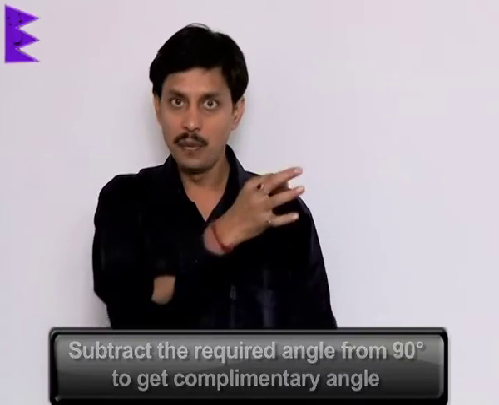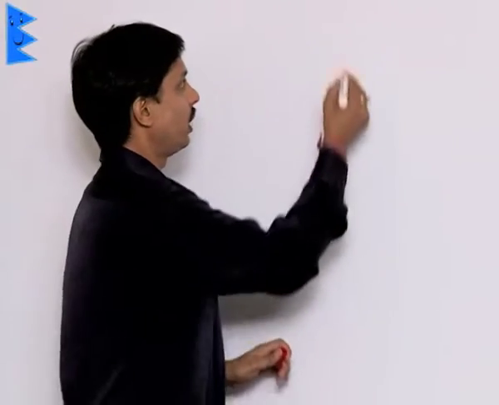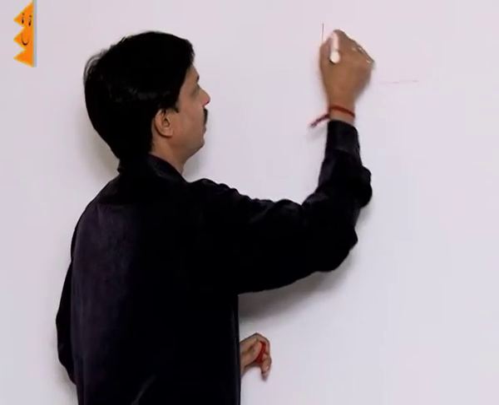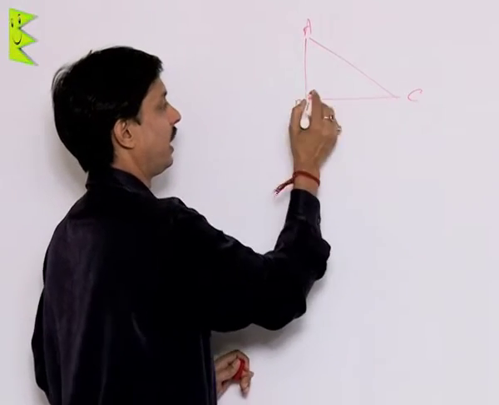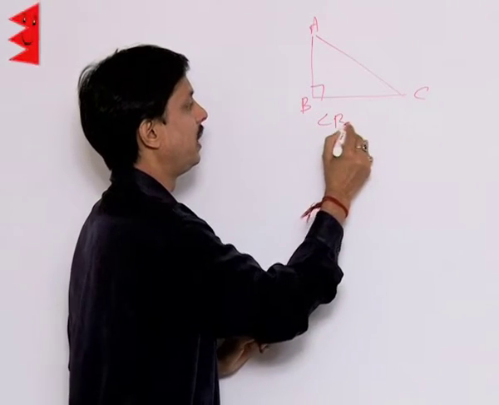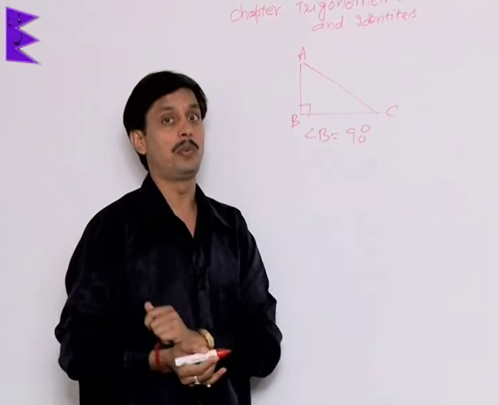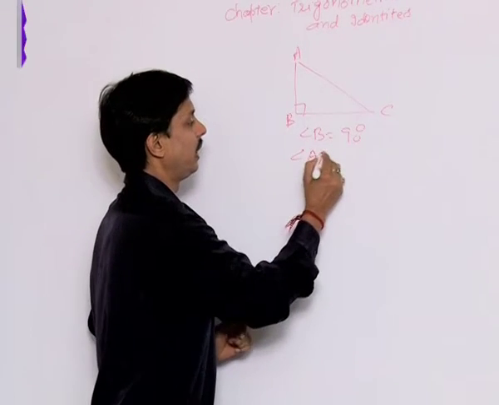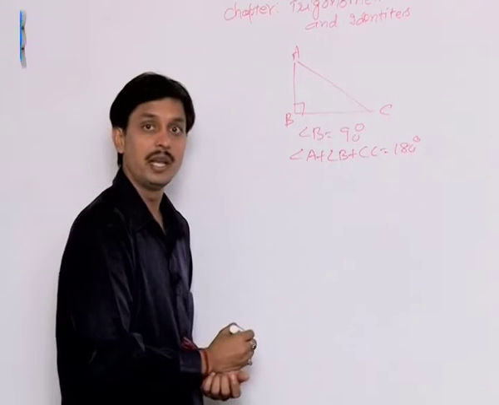Okay? Take a right triangle, because for trigonometry of class 10th we will deal with right triangles. So, in a right triangle named ABC, right angled at B, this angle B is 90°, and as per the angle sum property of a triangle, angle A plus angle B plus angle C is 180°.